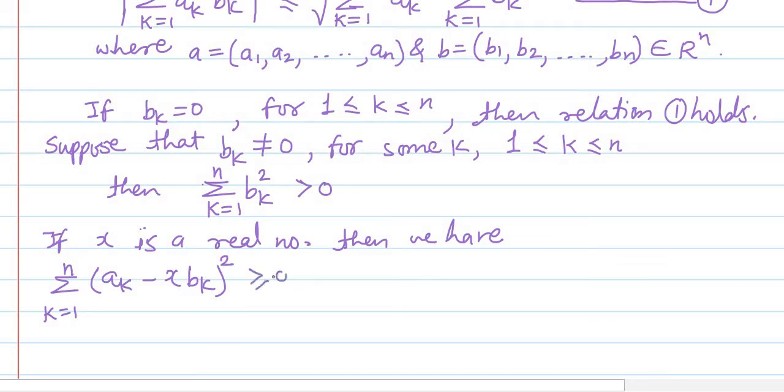Definitely this is greater than or equal to 0, as this bracket is a real number and the square of a real number is non-negative, and a summation of non-negative real numbers is again non-negative. So obviously this is greater than or equal to 0.